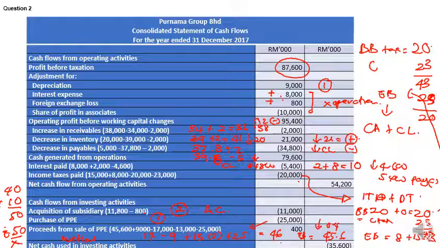Now for the tax that you paid in the current year, the amount of taxation here is 23.